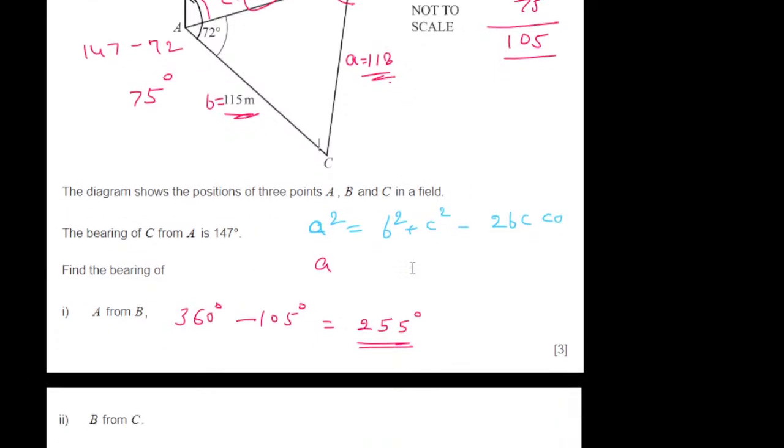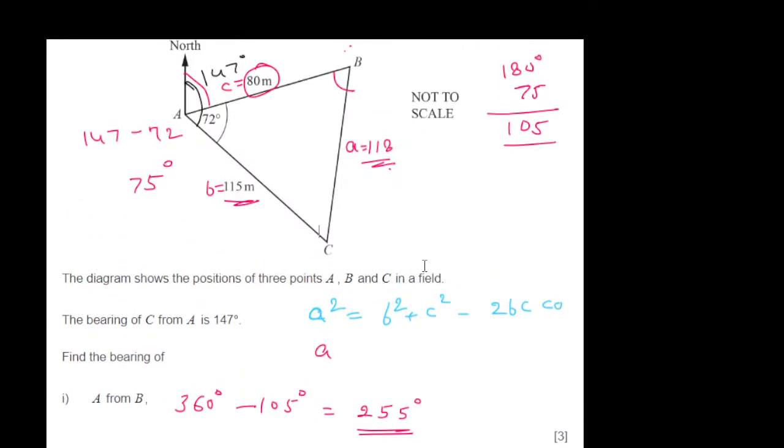Bearing of, so we have to draw a vertical line over here, and the same way a vertical line over here. This angle, what is this angle? That I have to find out.